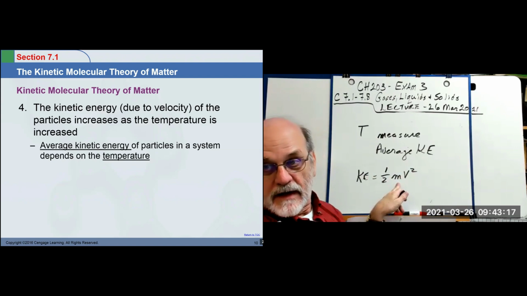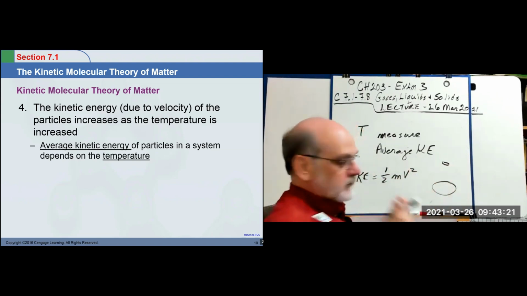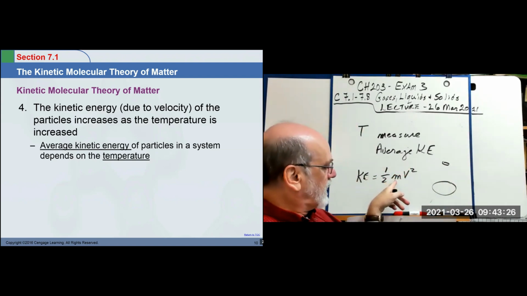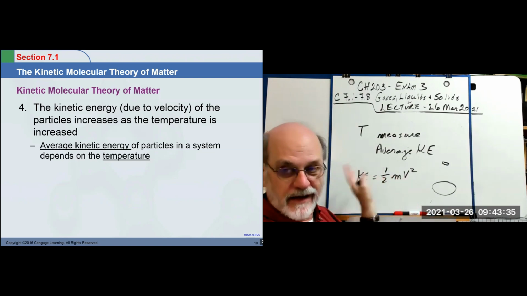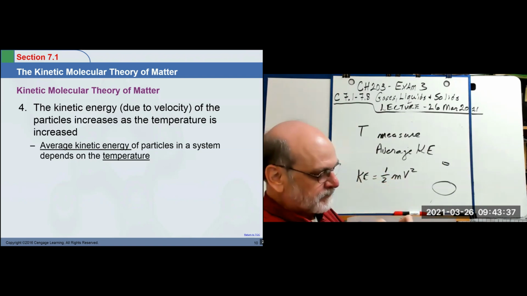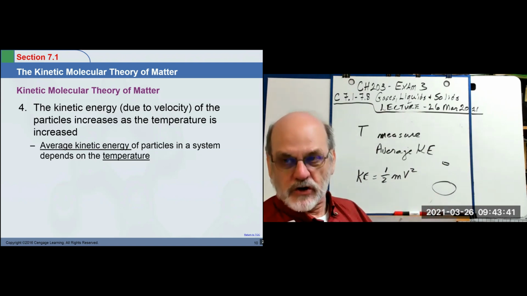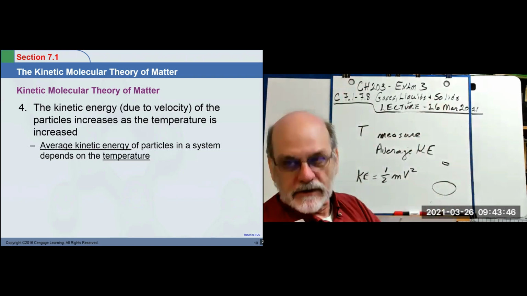So if two particles have the same energy, then the smaller one with a smaller mass has to be moving faster. The bigger one with a larger mass can be moving slower and have the same kinetic energy. So temperature is a measure of the average kinetic energy for all the particles in your system.